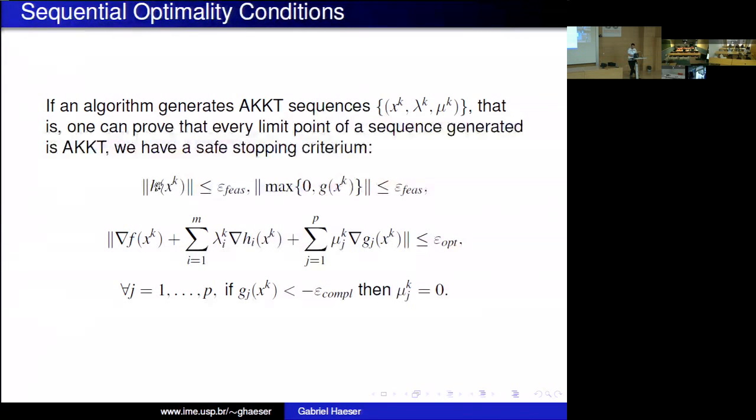So if this feasibility is smaller than 10 to the minus 8, and the optimality is also smaller than some constant, and the complementarity too, then you can safely stop the execution of your algorithm. Okay, so this is what is done in practice, and this theory of approximate KKT sequences justifies it.